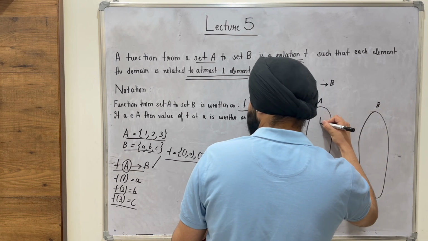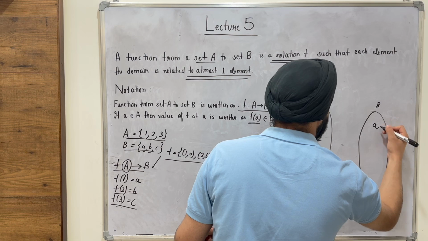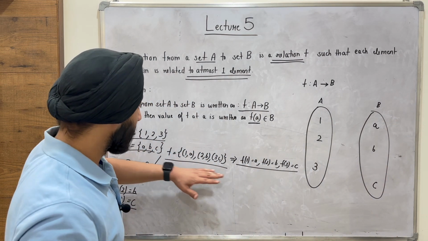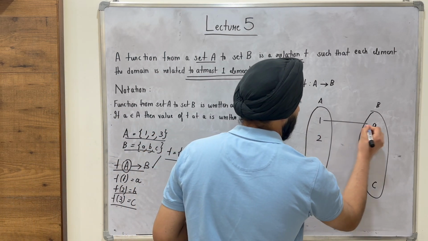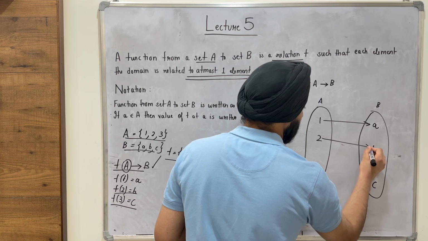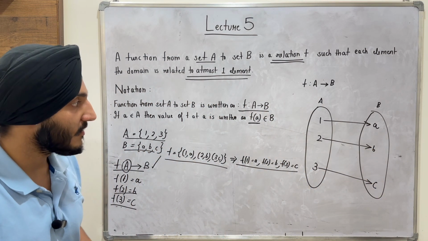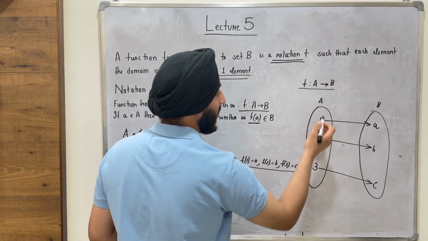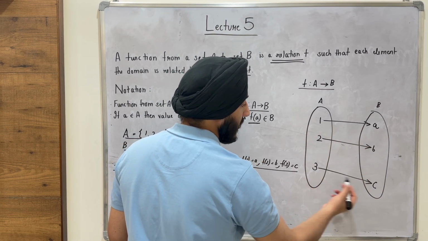A has 1, 2, and 3, and B has A, B, and C. In order to represent this over here, so f1 equal A, I would simply draw an arrow from 1 to A, 2 to B, and 3 to C. I hope that makes sense, right? So what I'm trying to say is it's a function from A to B such that f1 results in A, f2 results in B, and f3 results in C.